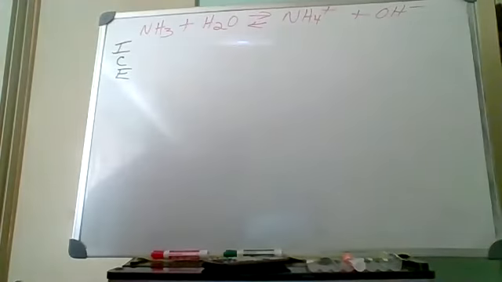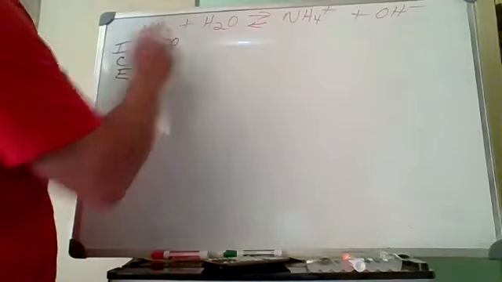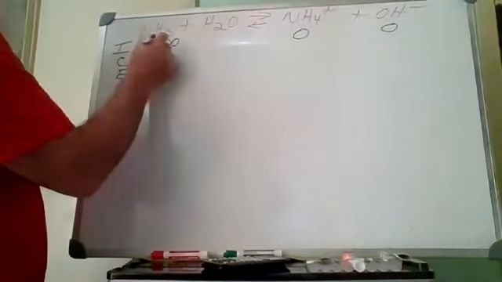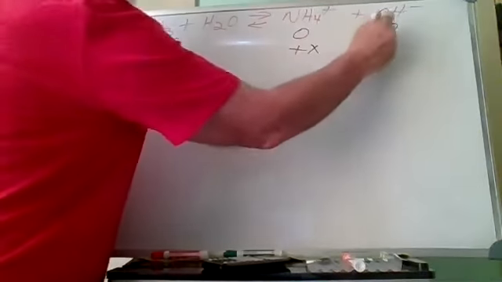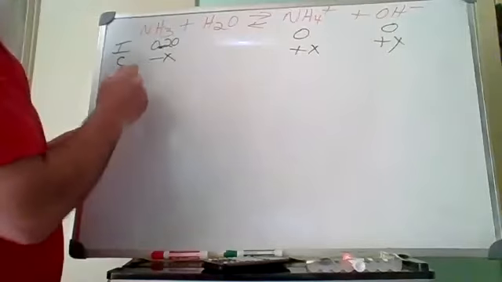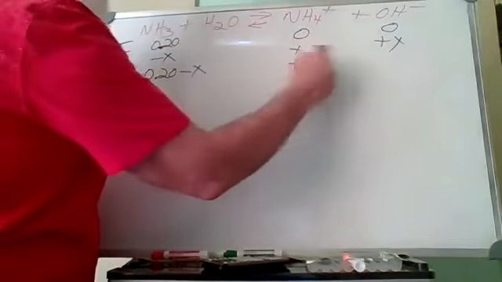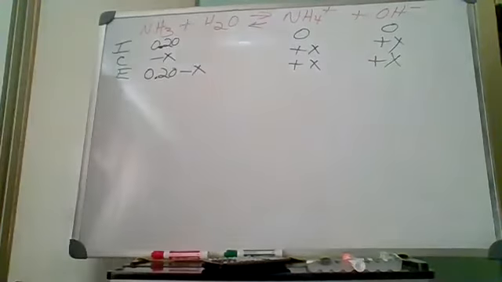So the starting concentration of the ammonia is 0.2 molar. This is 0, that's 0. And the change is minus x, plus x, plus x. At equilibrium, 0.20 minus x, plus x, plus x. Hopefully by now you feel somewhat comfortable making these ice tables.